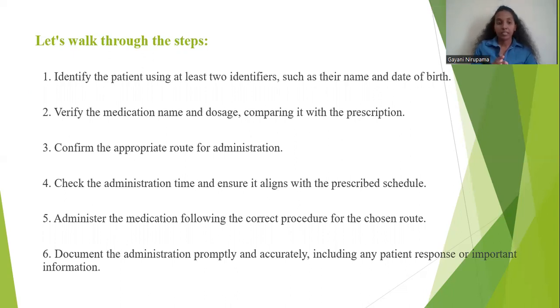Then, check the administration time and ensure it aligns with the prescribed schedule. Then, administer the medication following the correct procedure for the chosen route. Lastly, document the administration promptly and accurately, including any patient response or important information.